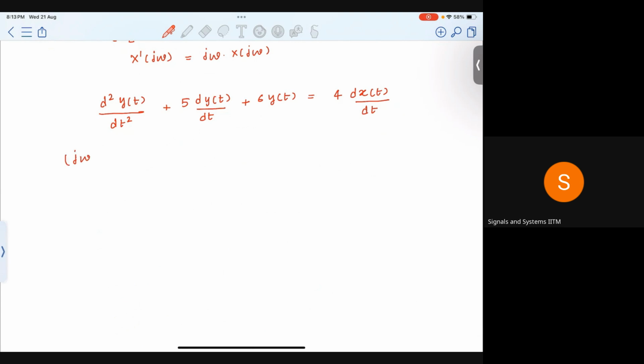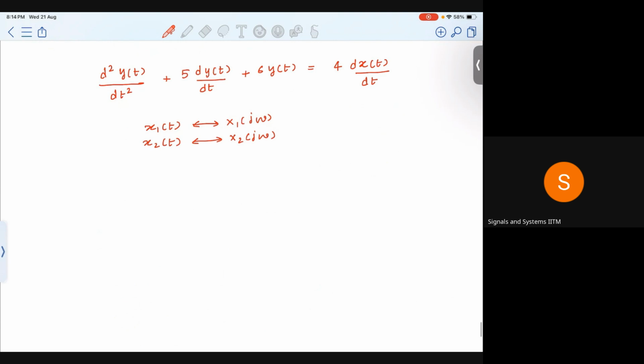Recall that if x1 of t has Fourier transform x1 of j omega, x2 of t has Fourier transform x2 of j omega. Fourier transform, sorry, it's not Fourier series representation, this is Fourier transform, I'm really sorry.